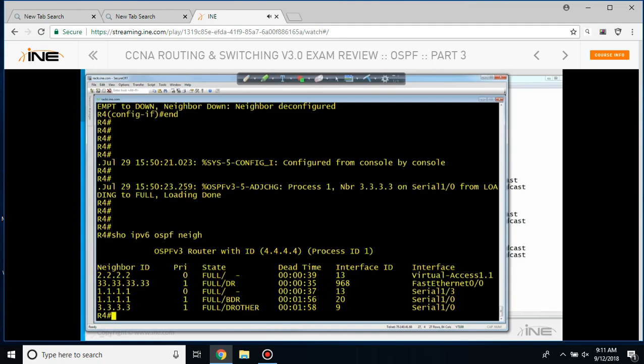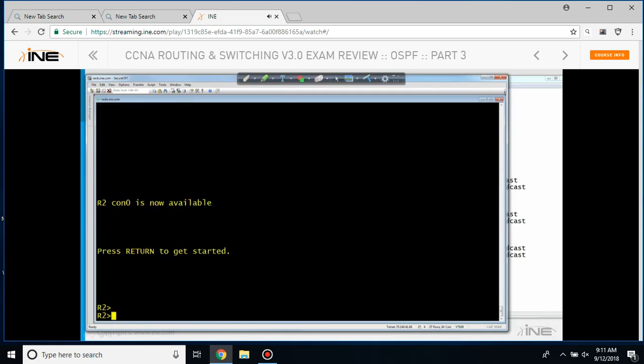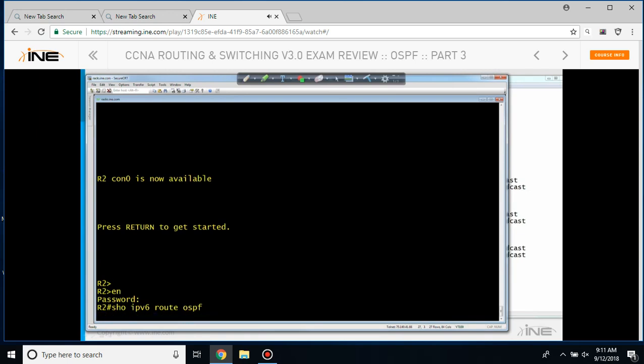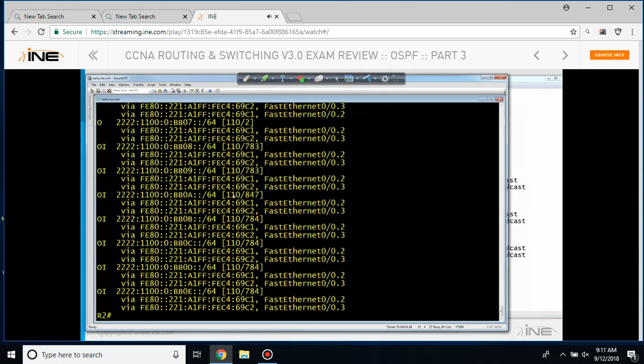Okay, good. So now I should have end-to-end connectivity. Let's go back to router 2. And let's see here. We're looking for BB0B and BB0C. Those are the loopbacks on router 3.